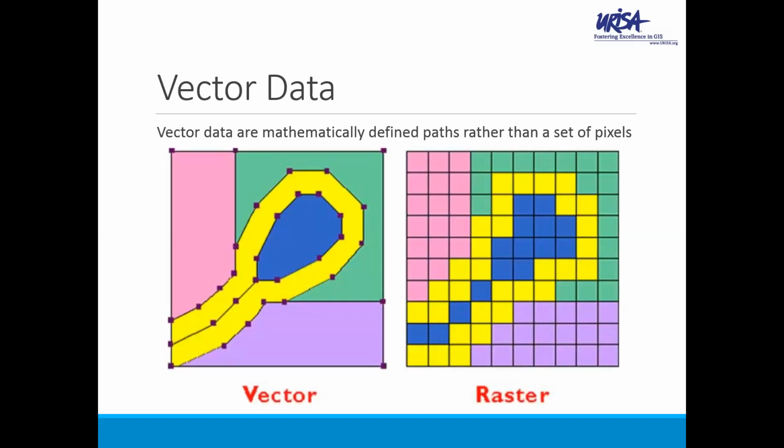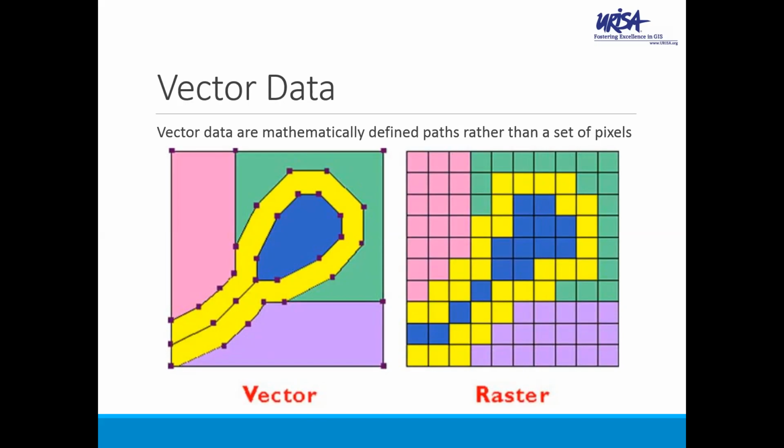When we talk about vector data, this is essentially a mathematically defined path that represents locations and shapes. Here we can see how an image might be represented as a combination of mathematically defined vectors versus a series of pixels, which is how it might appear in a raster image.